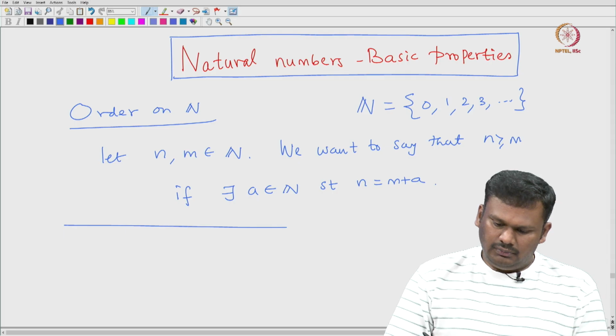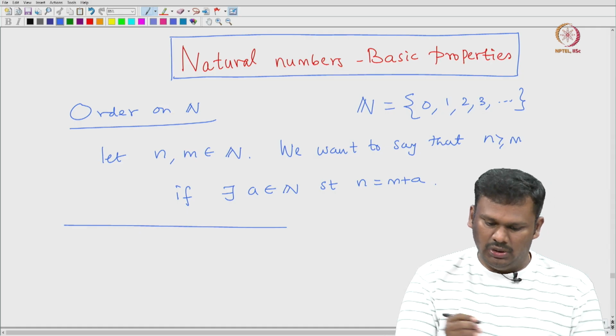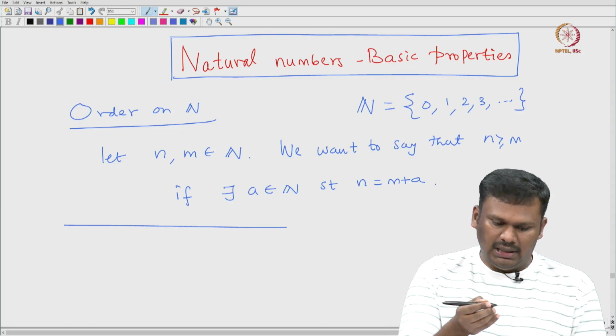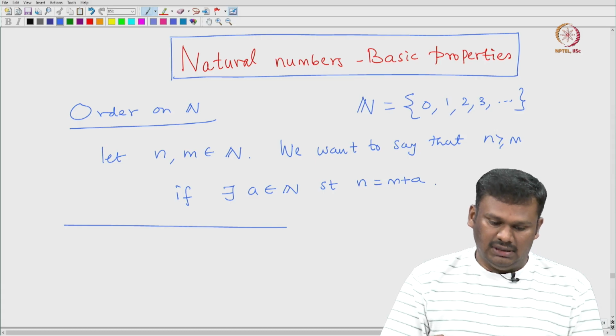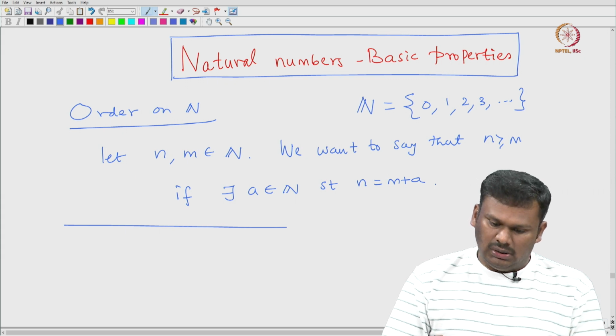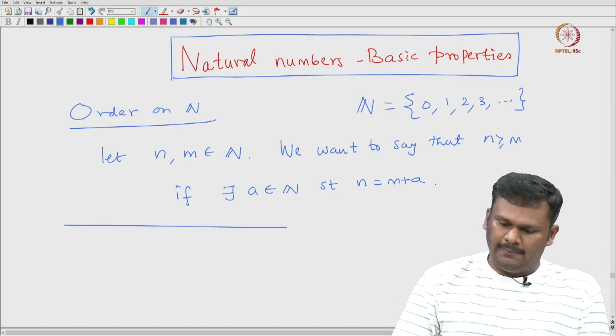I am not going to go through the definition of addition and multiplication on N. I am going to assume that you are all familiar with that. Now, we are going to see how this order behaves with respect to this addition and multiplication. Okay, so let us write down all the basic properties.